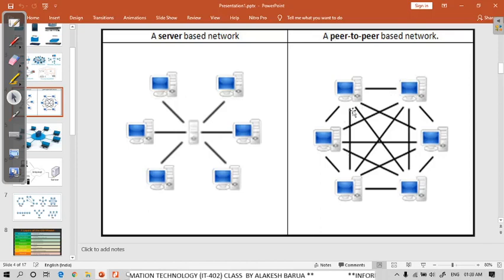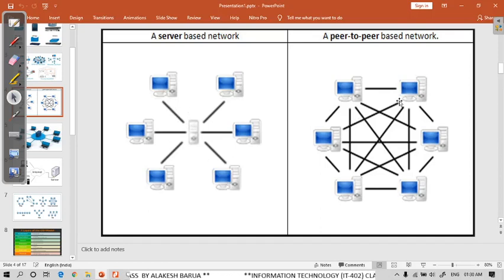Also, one more difference is there. In a peer-to-peer based network, more hardware components to connect the computers are required. In a server-based network, less hardware is required because all the connections are forwarded to the server. Think of it like only one switch is required for the server to be connected to the switch, and the switch in turn connected to all the computers.